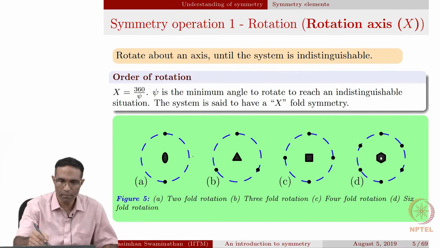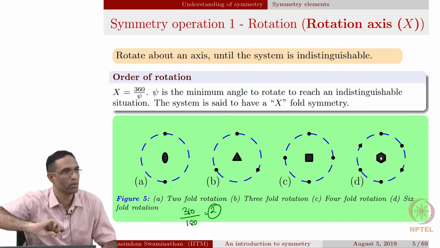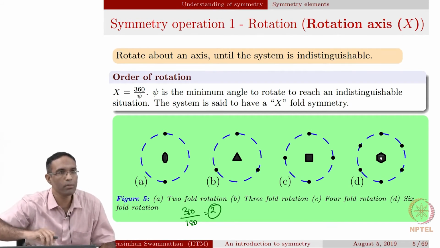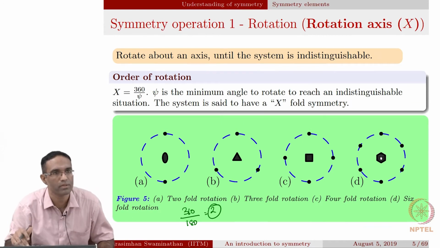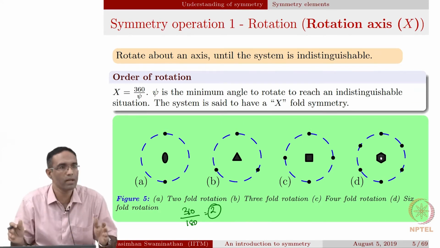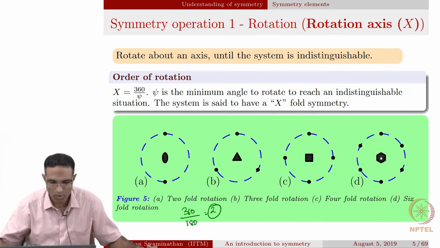Or if I perform 360 by 180, which is equal to 2, or 360 by 2, if I perform a 180 degree rotation also, I am unable to distinguish between the lattice I started off with and the one I end up with. So that particular lattice will possess a twofold symmetry. We can quickly draw that.